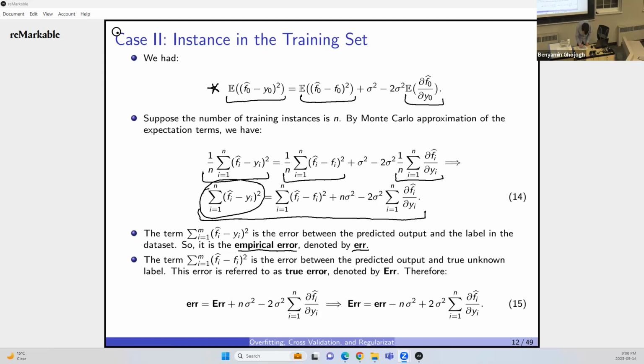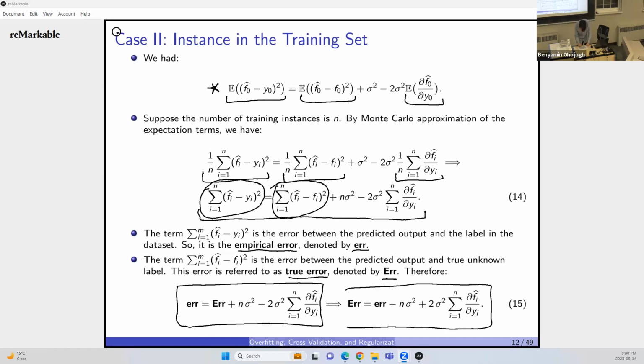What is this? This is the true error, because it's the difference from the true f. Therefore, equation 14 can be written as this. Empirical error equals true error plus n sigma squared minus some term. Rearrange the terms, you will get equation 15. The true error equals empirical error minus something plus something, right?